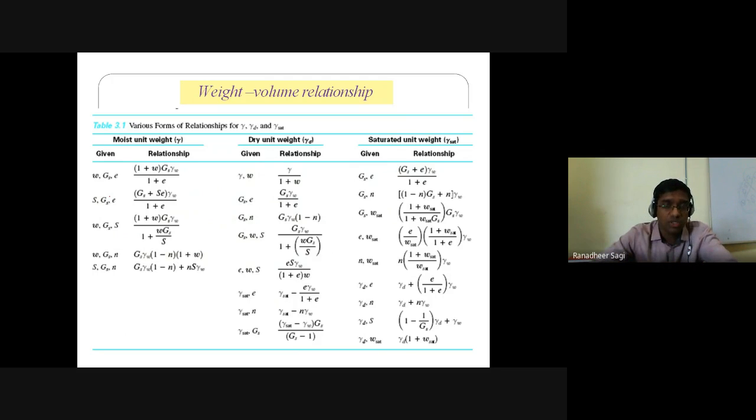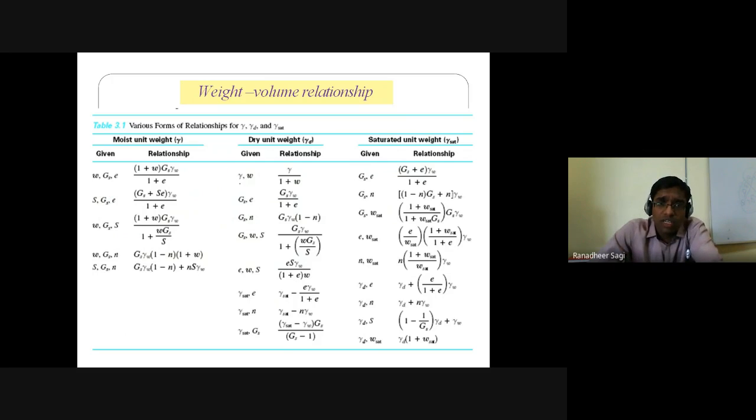So which expression should I make use of? Or if the specific gravity of the soil solids is given, void ratio is given, and I am asked to calculate the dry unit weight. So depending on what data is given to you, and what is the unknown that you are interested in calculating, you have to look for that corresponding data given and the corresponding unknown you are required to calculate. Let's say, for example, I want to calculate the dry unit weight of a soil. For calculating the dry unit weight of the soil, what data do I know?